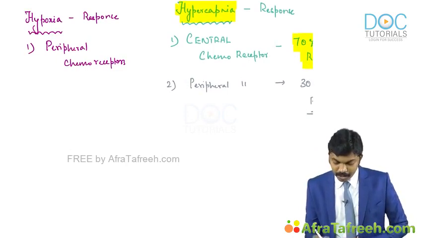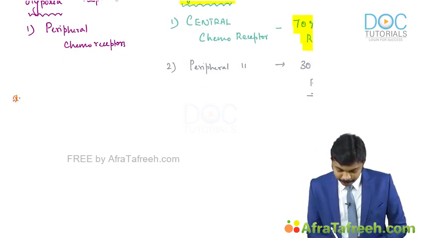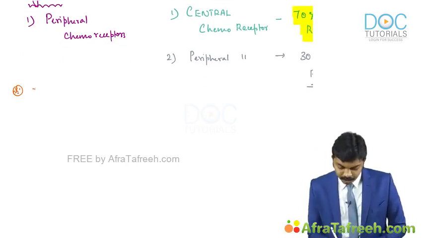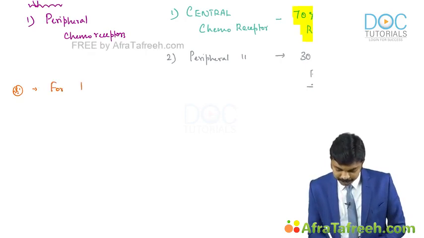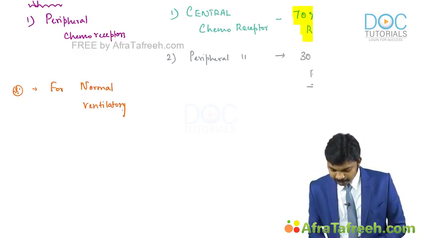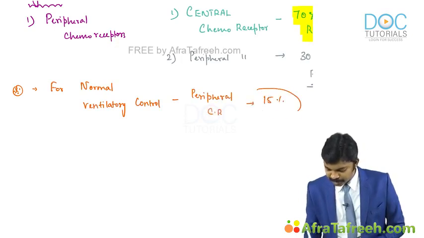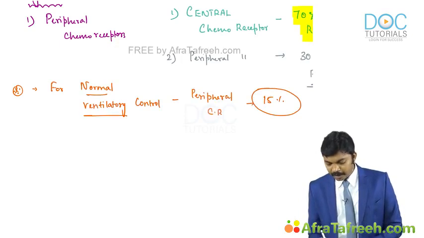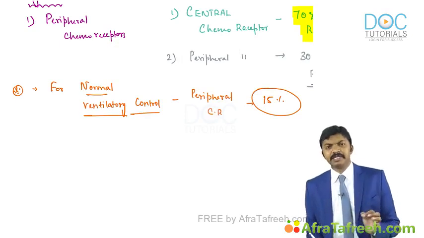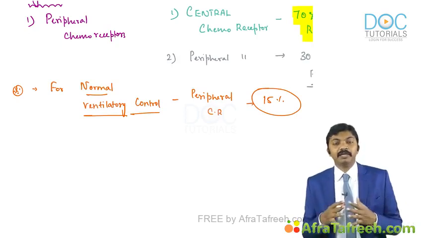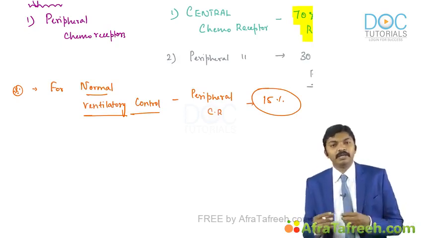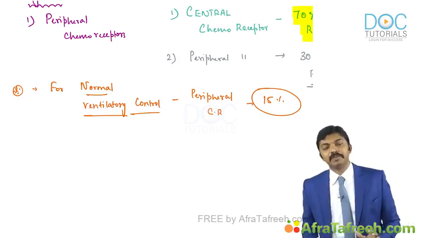You must remember. Now, the second point in peripheral chemoreceptors is for normal ventilation. For normal ventilatory control, peripheral chemoreceptors contribute just 15%. That's all. Just 15% of normal day-to-day breathing is controlled or influenced by peripheral chemoreceptors, doctors.